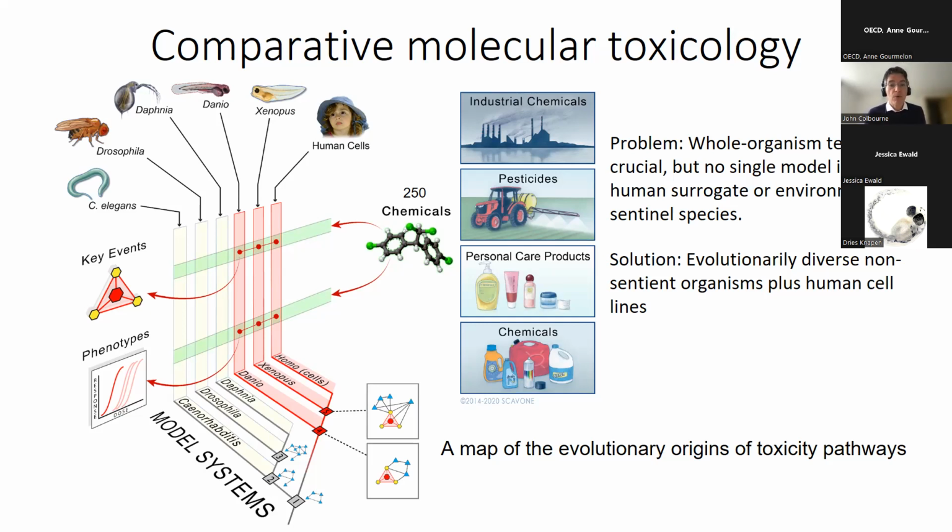Now, in this case, what we're trying to do here is that we are testing systematically the responses of chemicals on the phenotypic outcomes of exposure in these model species, but also extrapolating molecular key events from the application of both transcriptomics and metabolomics.